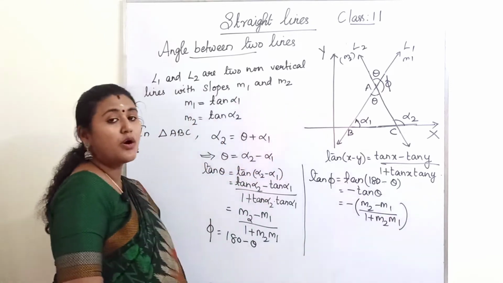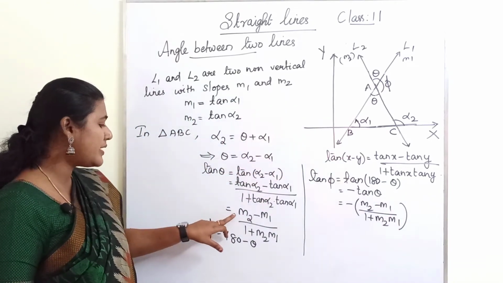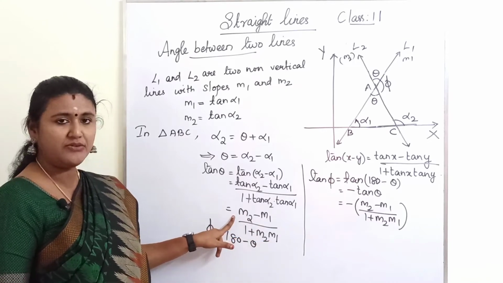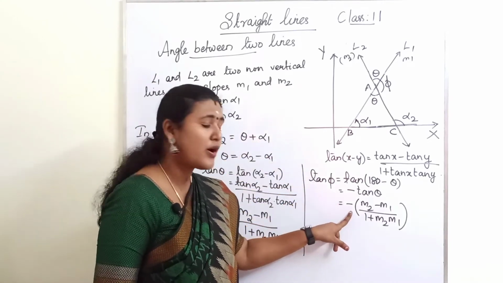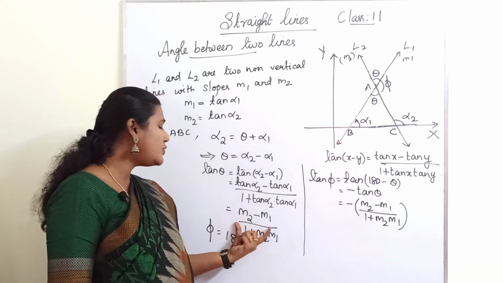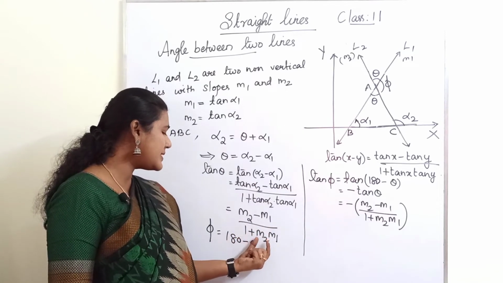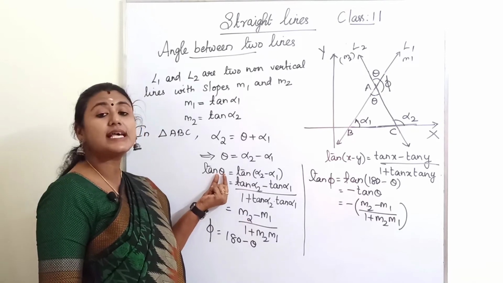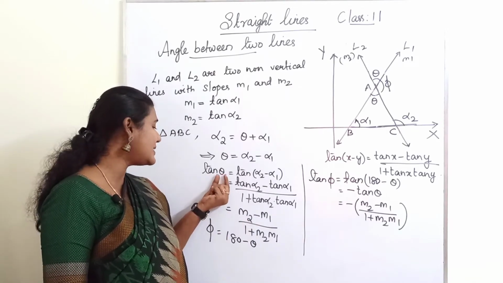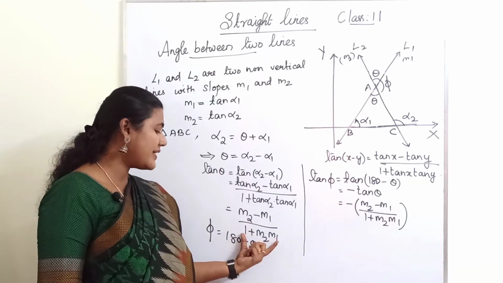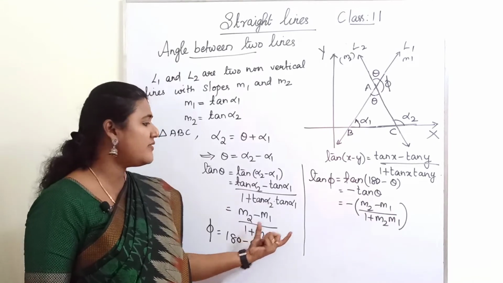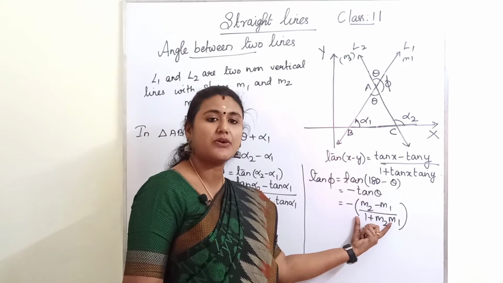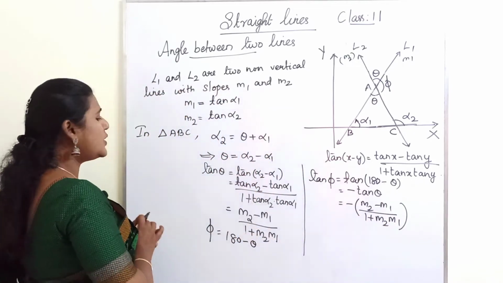So here we got two cases. In the first case, m2 minus m1 divided by 1 plus m2 m1 is positive, and in the second case it is negative. If it is positive, this angle is acute, and if it is negative, the angle is obtuse.